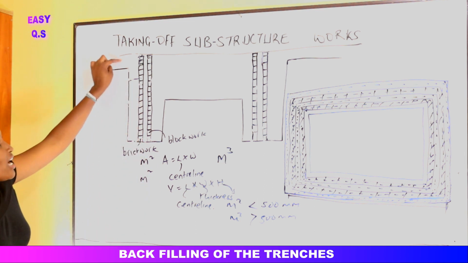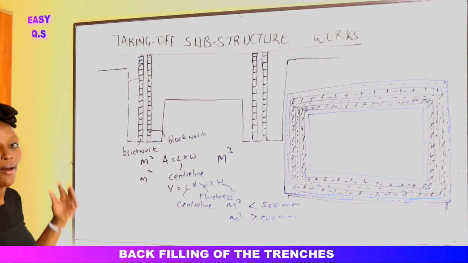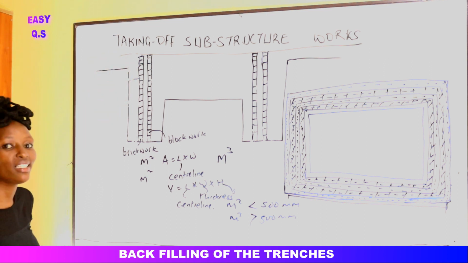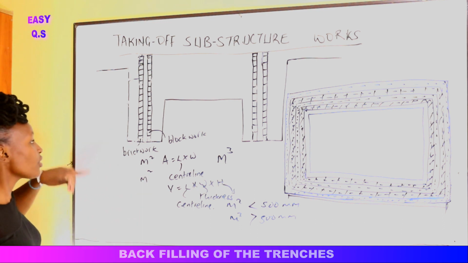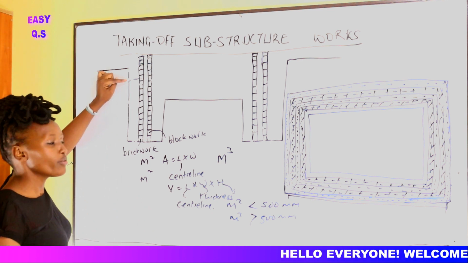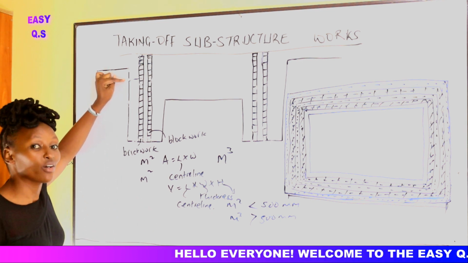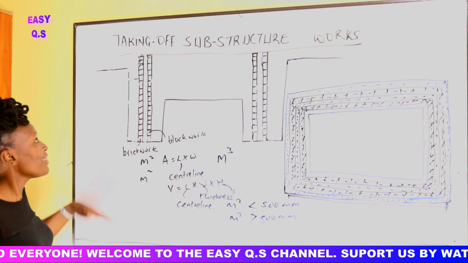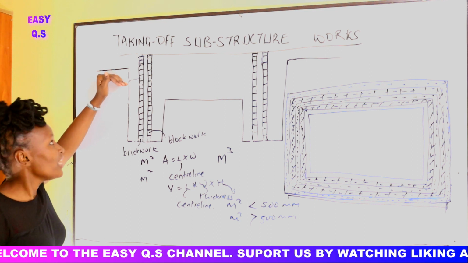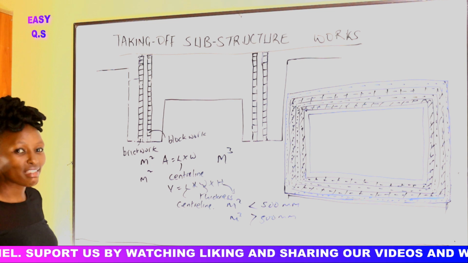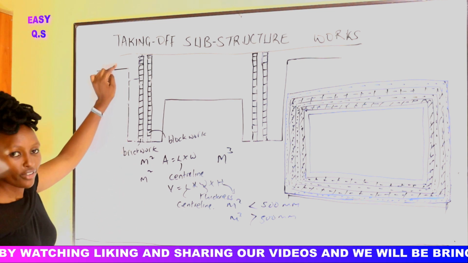The other area, we shall backfill separately. That one is usually called not backfilling, it is reinstating the soil, to go back to the ground level. So once we are backfilling the soil in the trenches, we usually fill it up to the level where we strip the topsoil. Then once we get to the stripped level, the other height shall be accounted for when we are reinstating the soil to the ground level.